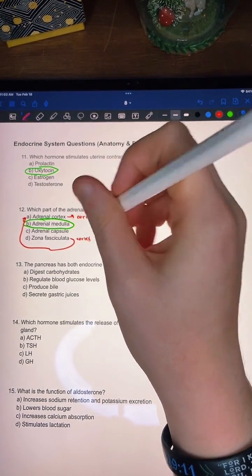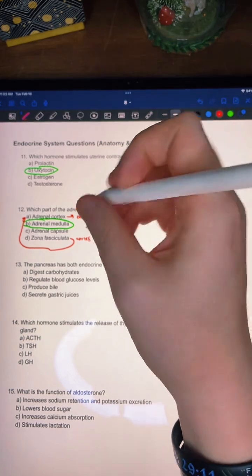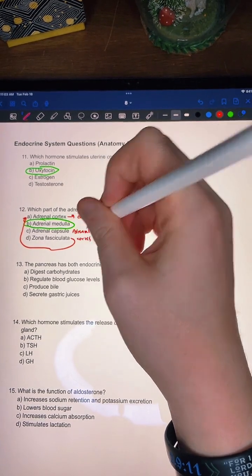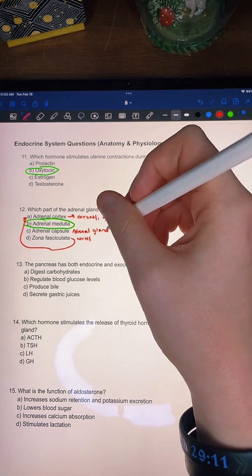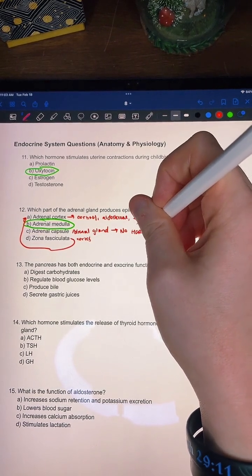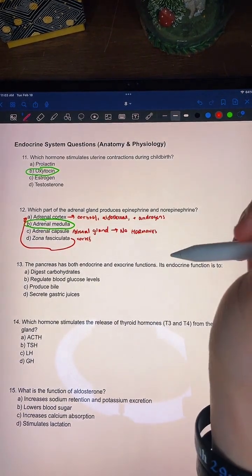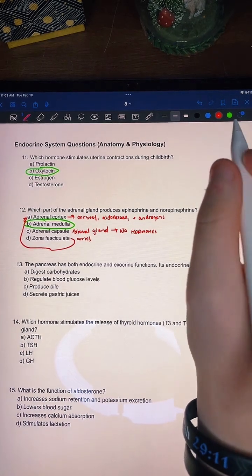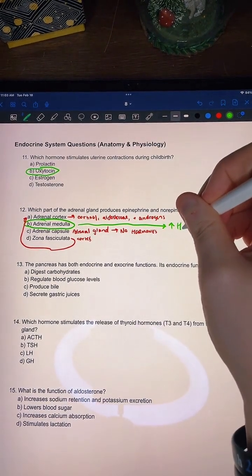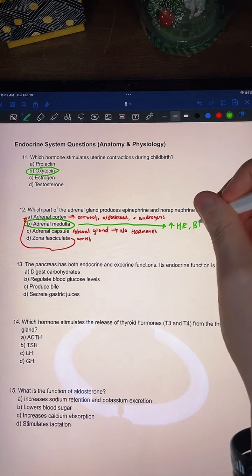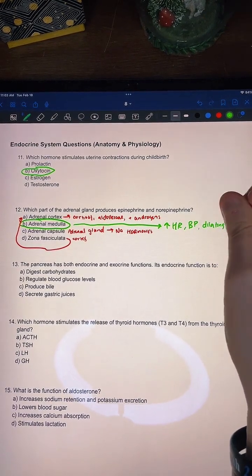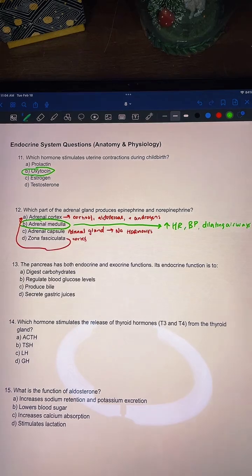This is part of the cortex for cortisol. The adrenal capsule is the outer layer of the adrenal gland, so my mistake, guys, sorry. So it does not produce hormones. So that's the difference. The adrenal medulla is responsible for, I'm going to put the right answer over here, increasing your heart rate, your blood pressure, dilating airways, things like that.